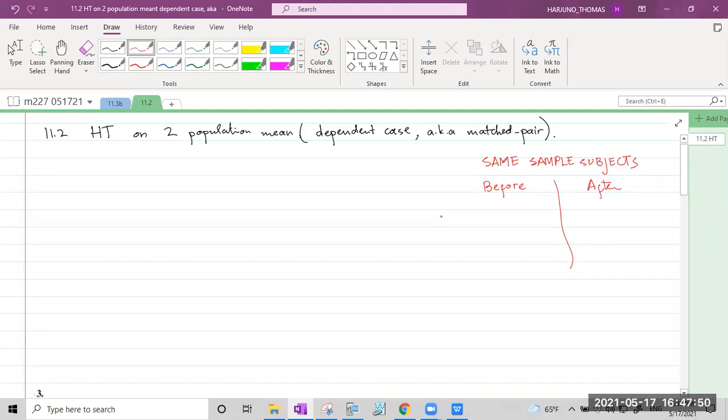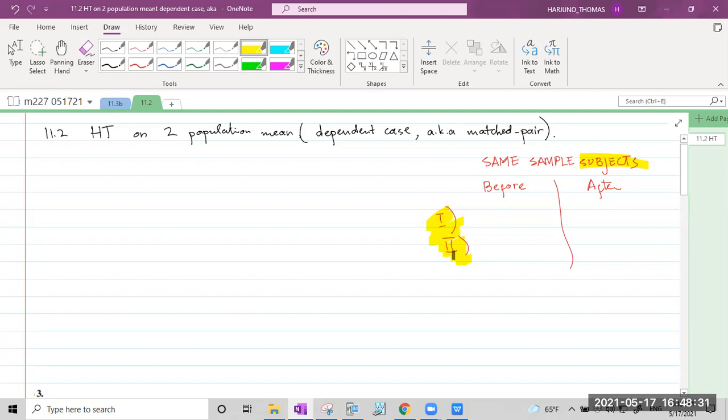Student number 1 has the score before and after, student number 2 has the score before and after. So when I say the same subject, it's the same people who take the test before the course or after the course. Or for weight management, what's the weight before they join the program, and then what's the weight after a couple of months.